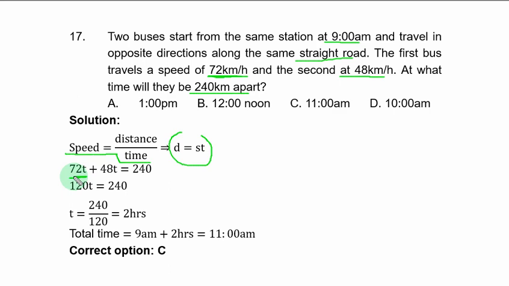The distance for the second bus is 48 times the time involved, that is 48t. If you add the two together, it is equal to 240, the distance they are apart. So if you add the left hand side, you have 120t equal to 240. Divide through by 120, you have t equal to 2 hours.